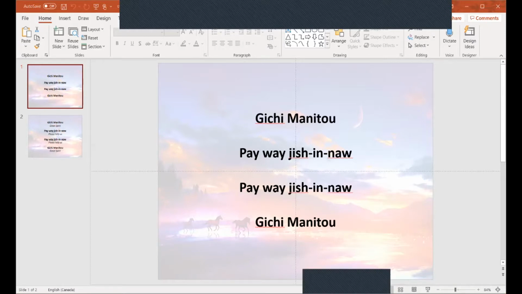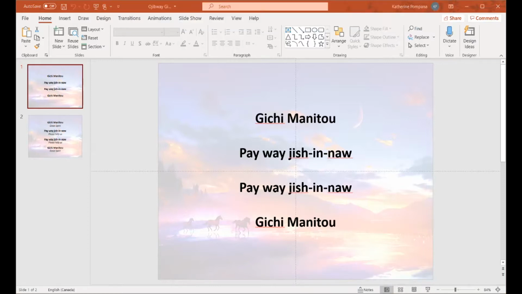So where this song comes from, it was a song that was given through fasting. The late Neil Hall went fasting out a few years back, and he was an elder in the community from Saging, and he had many different songs for his sweat lodge, his sun dance, and other ceremonies he did.